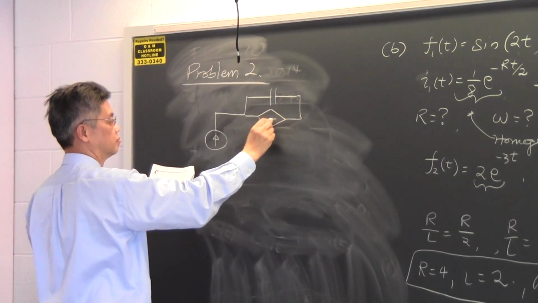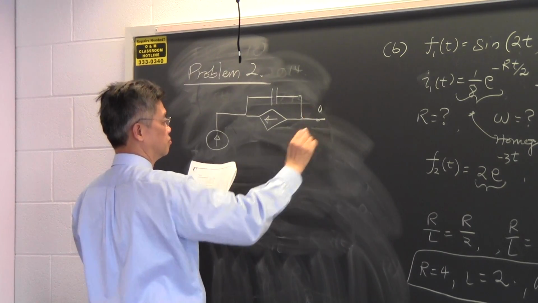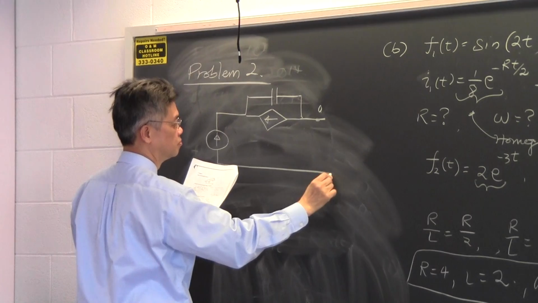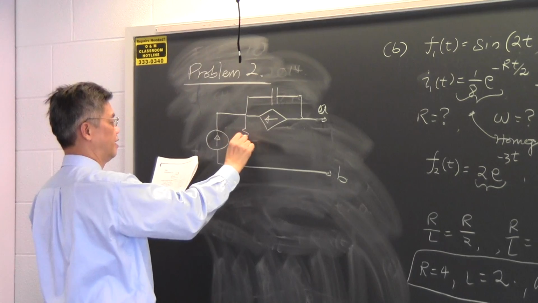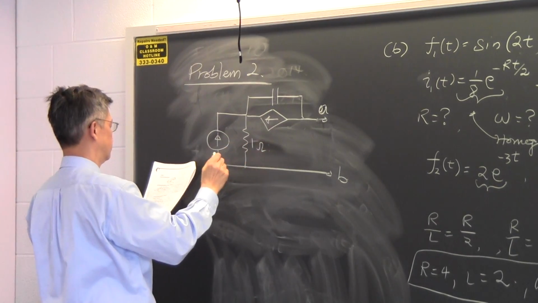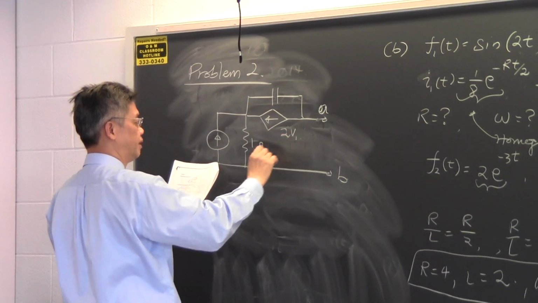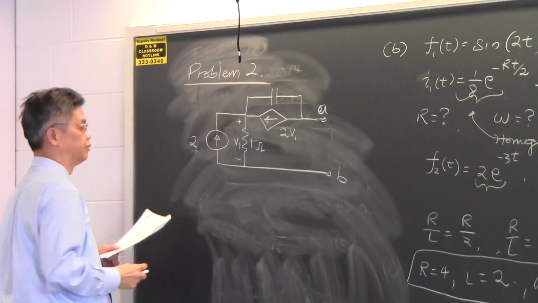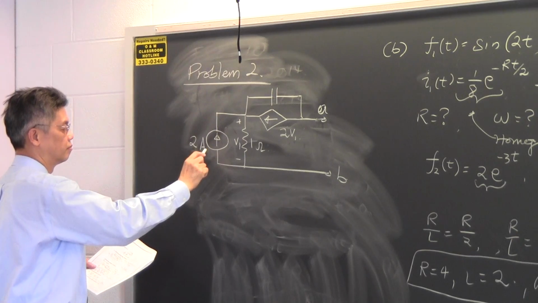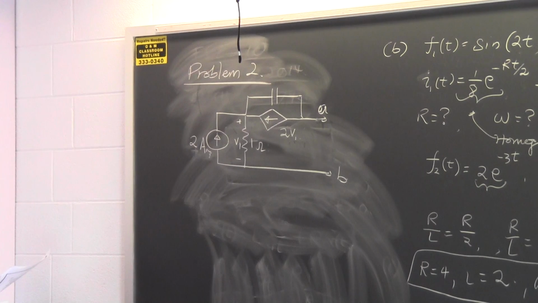There is A and then B, and then there is a resistor of 1 ohm. And then this voltage dependent current source depends on this voltage V1, plus or minus V1. And this is given to be 2 amps. You're asked to find the open circuit voltage of this circuit.